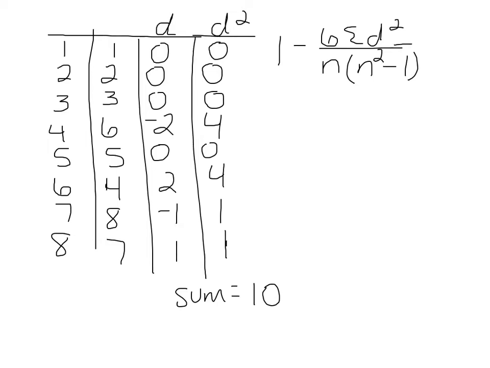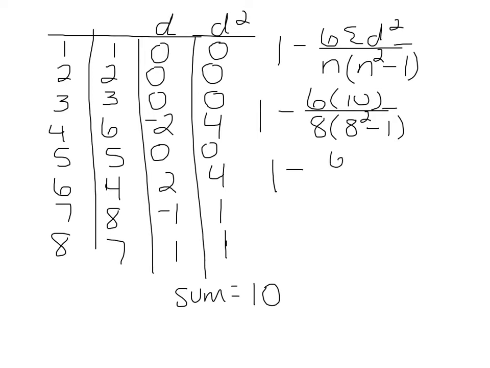Remember that N is the amount of rankings there are. So for this problem, there's actually 8. So N is 8. So 1 minus 6 times 10 over 8 times 8 squared minus 1. 6 times 10 is 60.